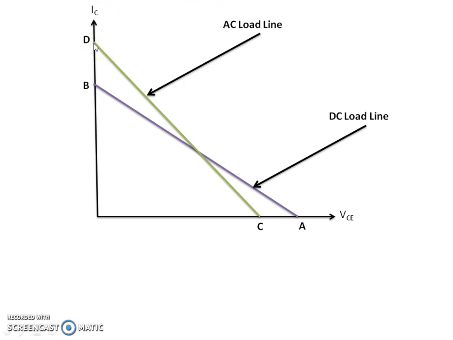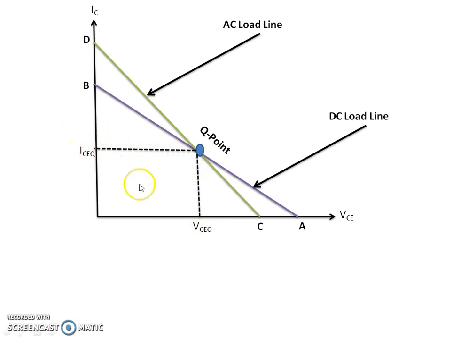Now where this AC load line and DC load line intersect, this point is known as the Q point. If I project this Q point on the x-axis, this component is known as VCEQ. Similarly, if I project this point on the y-axis, this is known as ICQ.